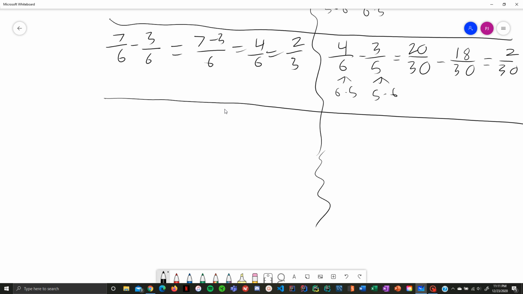Suppose we are given the fraction maybe 3 and 2 over 3 minus 2 and 1 over 4. Now right away we actually cannot do any operations here. For one, we don't have the same denominator, but we also don't even have the same number in the front right here.